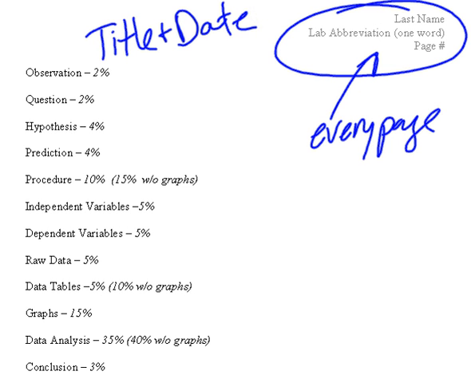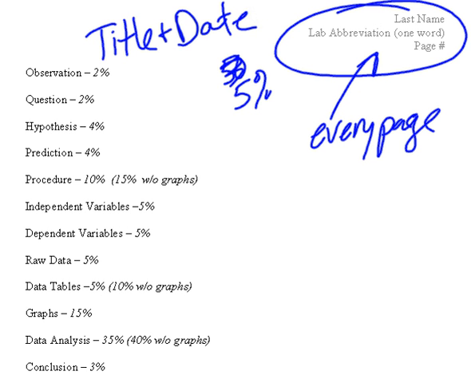If you have your header on every page, and you have a title and date on the very first page of your lab, that is going to be 5% of your lab score. If you don't do that stuff, you automatically get a 5% deduction.